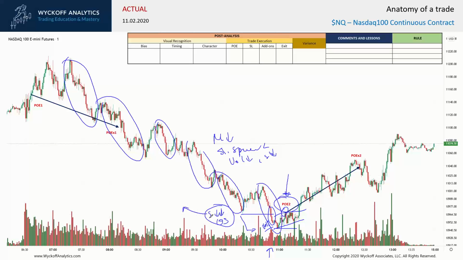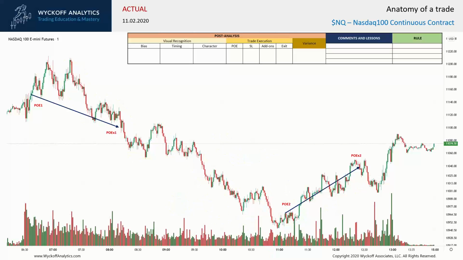Whenever we have the diminished exhaustion characteristics of the supply, we might actually have the lowest low as our selling climax, and then after that we could have a potential move up. Very counterintuitive as to how this trade was taken, under what conditions.